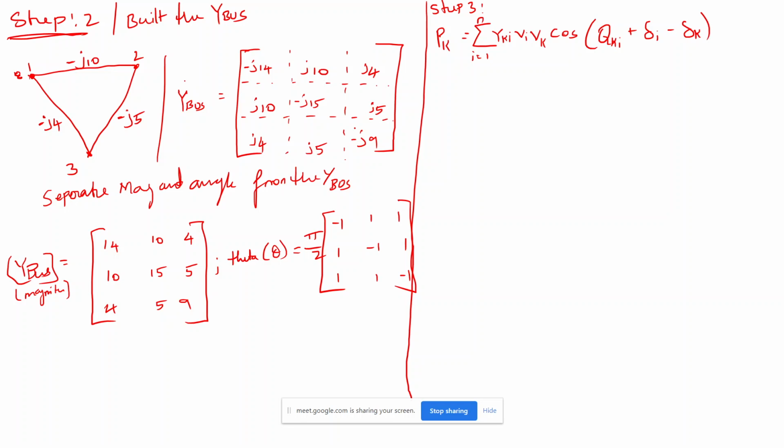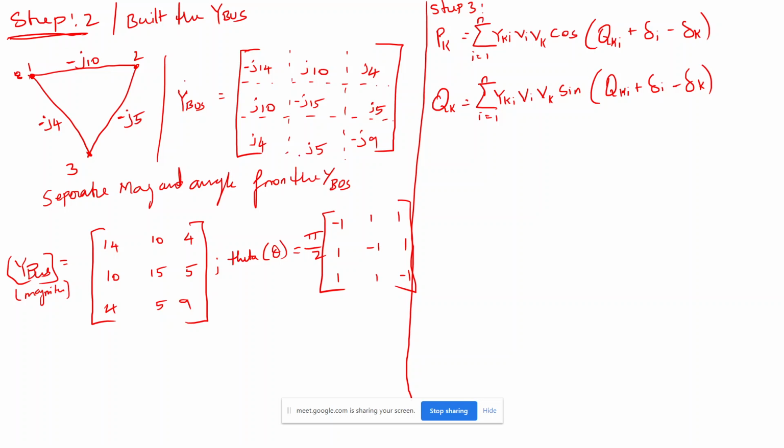So this is for Pk, a generalized form, right? And for Qk, with i equal to 1 over n, it is just the same equation, you just need to put sin: Yki Vi Vk sin(Qki plus del i minus del k). So these are the two equations we have.